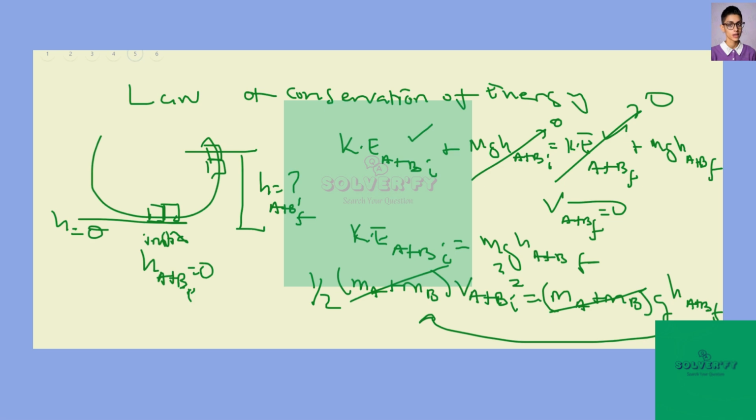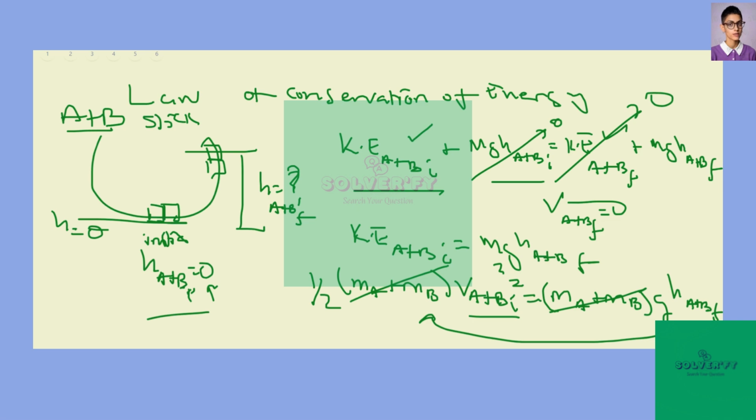And so moving forward, we can use the law of conservation of energy. This is for the system A plus B when they stick together. So initially, the height is 0 when they stick together, and we want to find the final height. The initial kinetic energy of the system is based on the initial velocity of the system. But the initial potential energy of the system A and B is 0 because this height is 0.